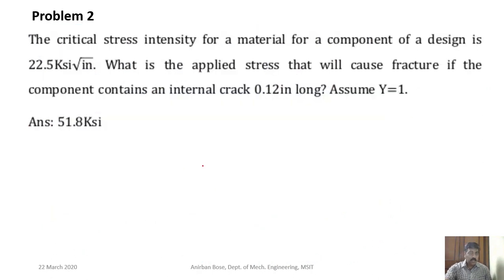Now the second problem: the critical stress intensity of a material for a component of a design. So which one is given? The critical fracture toughness value is known: 22.5 kilopound per square inch √inch.